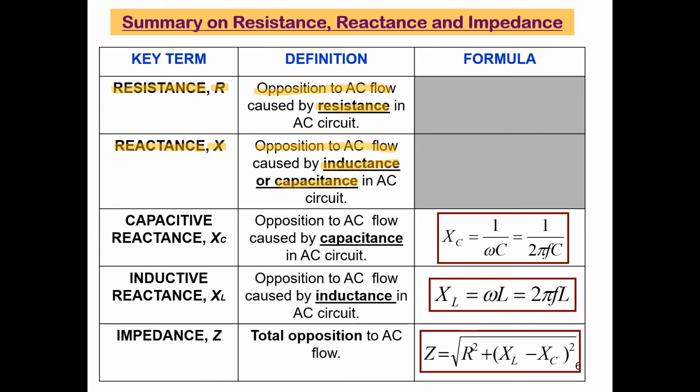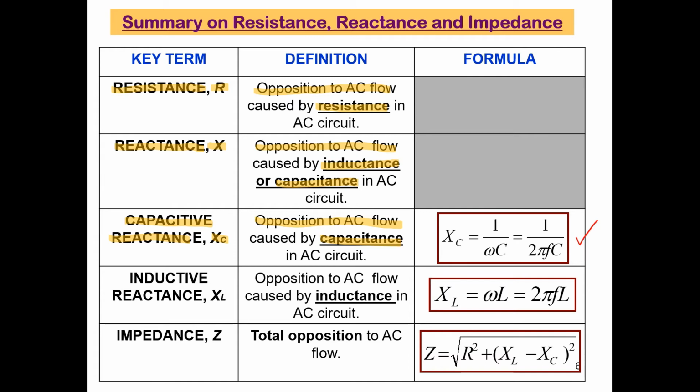Reactance can be divided into two. The first one is capacitive reactance, XC. It is an opposition to AC flow caused by capacitance in an AC circuit, or opposition due to a capacitor. The equation is XC equals 1 over omega C, which is also 1 over 2 pi fC.